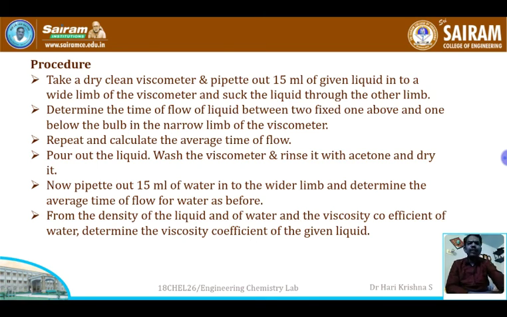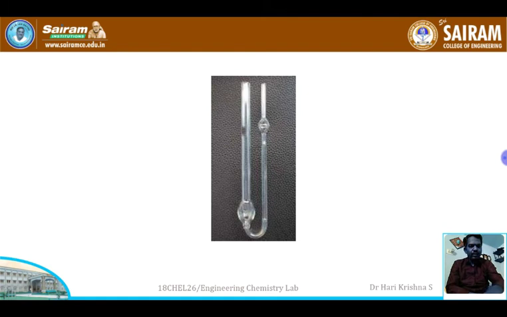Here this is the viscometer. The left side is the wider limb, from which we put the water or liquid. This is the narrow limb, and you can see there is a small bulb above. This is the Ostwald's viscometer. From above you suck the liquid using the narrow limb, and there are 2 marks: one above the bulb and one below the bulb.